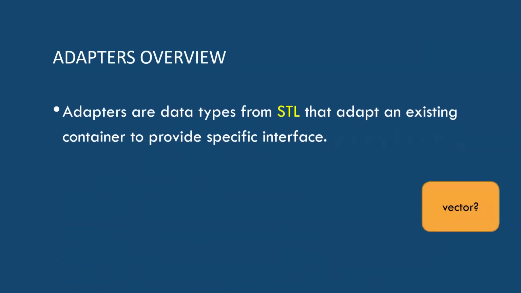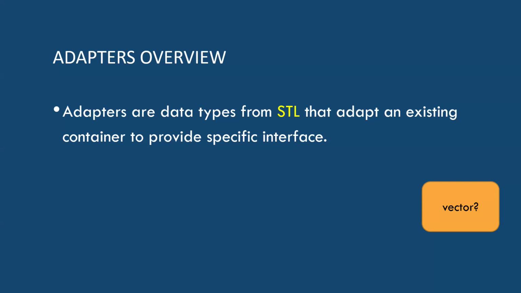So let's talk about what we mean by an adapter first. So Vector, for example, has all the things we need to simulate a stack. If you remember when we first started making a deck of cards in our one lecture, we had a list for a deck of cards and a vector for a deck of cards. So we could do it with all these different classes.